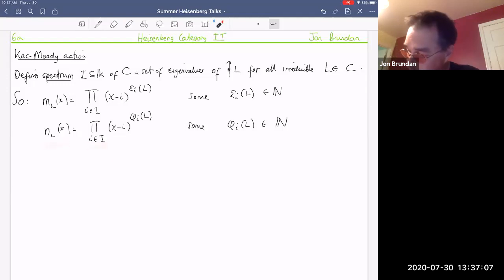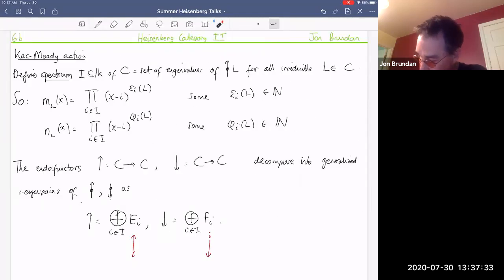So NL factors into linear factors, and the multiplicity of I as a root there, I call phi I of L. So this defines some numbers epsilon I and phi I for each irreducible and each I in the spectrum. These are going to turn out to be the Kashiwara epsilons and phis in the theory of crystals, but this is where they come from for us.